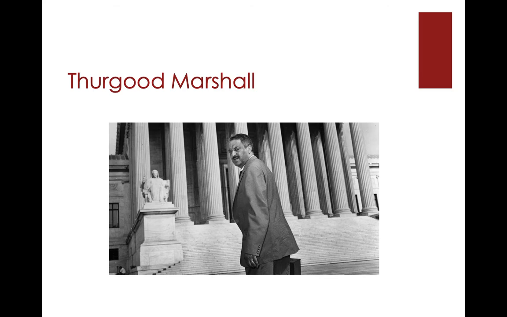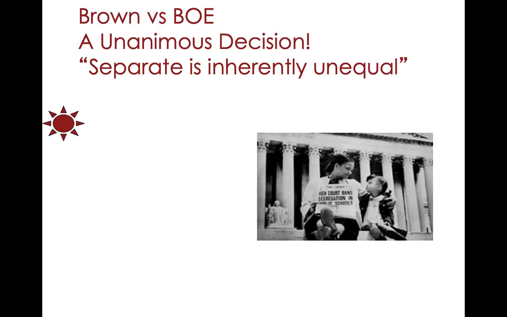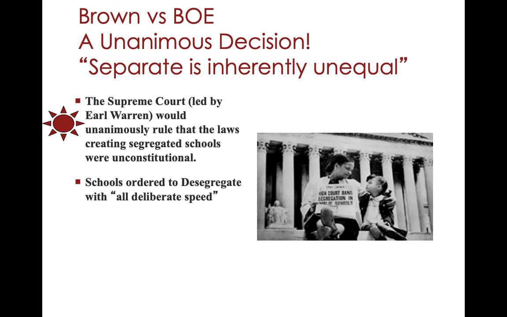Thurgood Marshall is one of the most noted lawyers in American history, and I don't believe he ever lost a case before the Supreme Court, something like 30-some cases that he won, and eventually Thurgood Marshall becomes the first African American Supreme Court justice. But in the case itself, it is a dramatic decision that the Supreme Court makes.